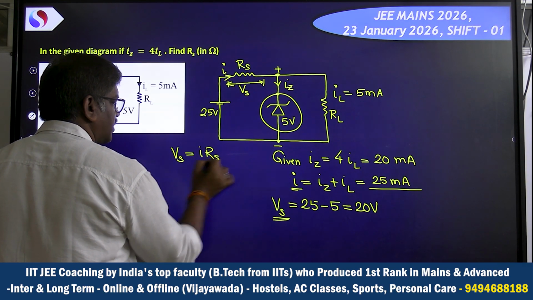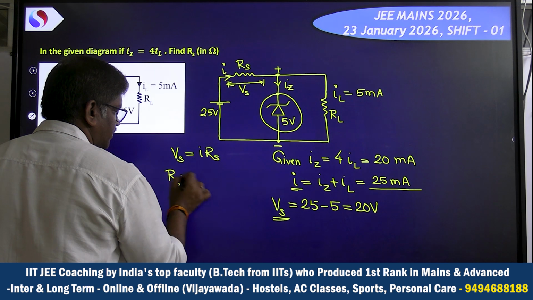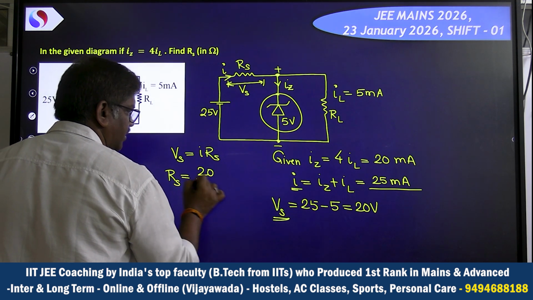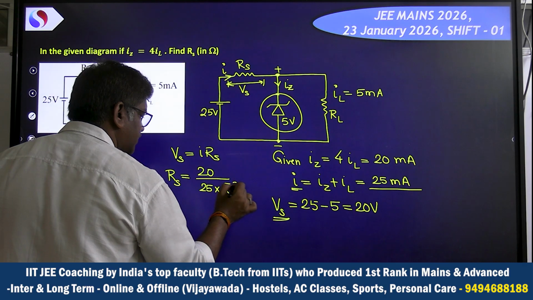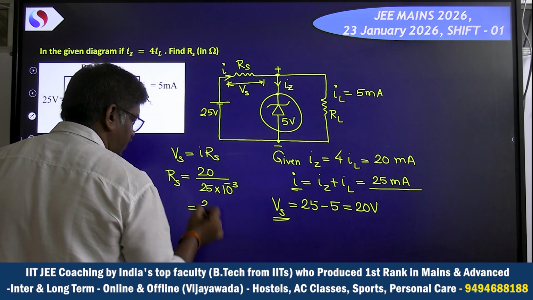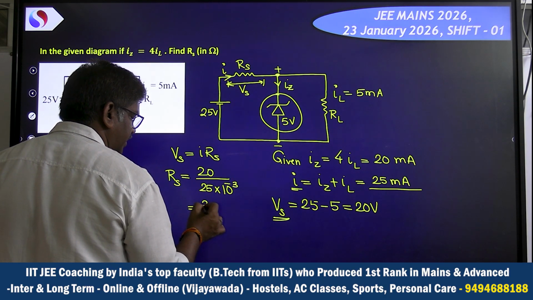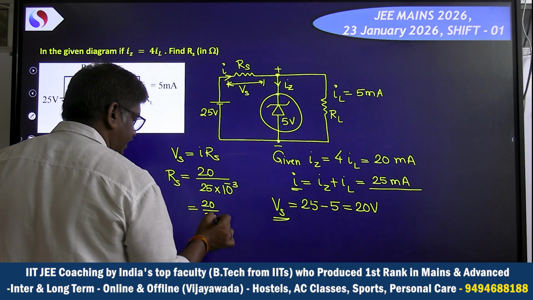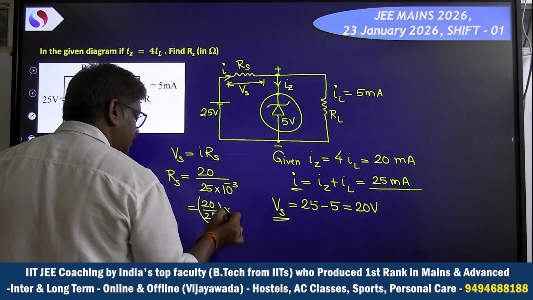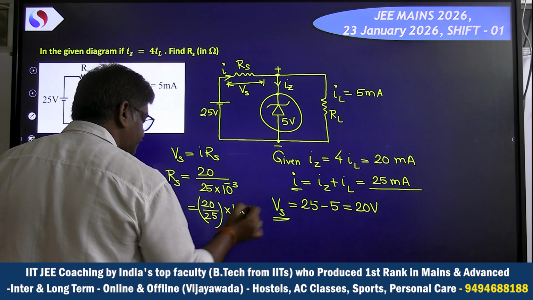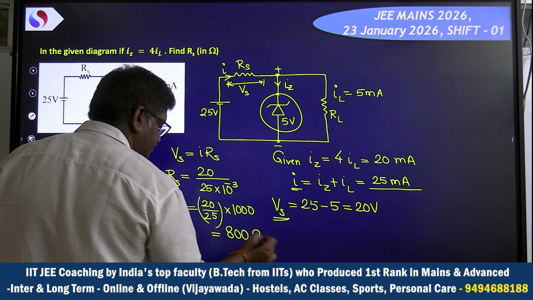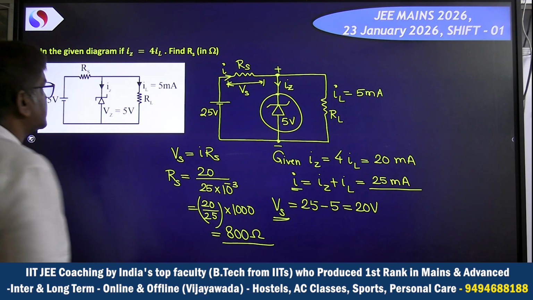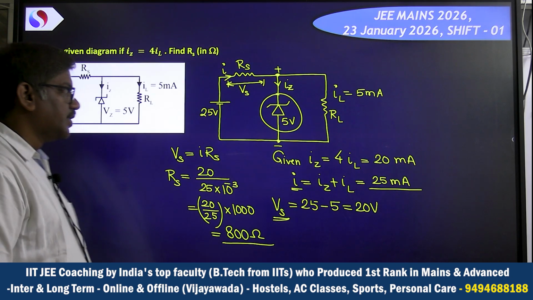I can easily find the value of Rs, which is 20 divided by I, which is 25 milliampere, 10 to the power minus 3. So 20 by 25 is 0.8, into 1000, which gives you 800 ohms. 800 ohms is the right answer for this question.